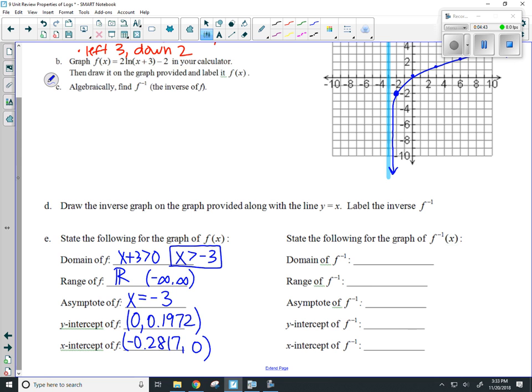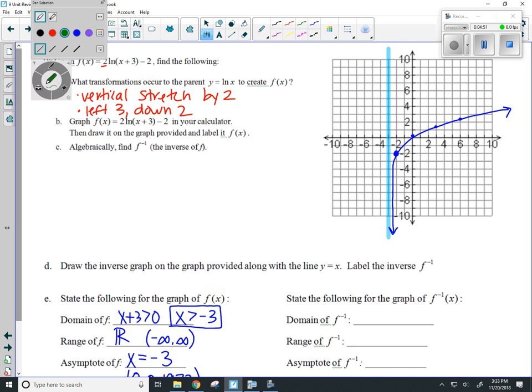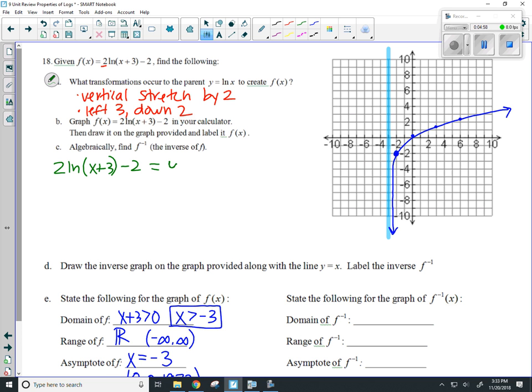Because now we're going to go ahead and find the inverse. So I'm going to do this one in green. Alright, so we want to find the inverse. So I'm going to start by rewriting 2 ln(x + 3) - 2 equal to y. And then your first step after that is going to be to switch the x and the y. And because I don't have a lot of space, I'm just going to write in purple over top of that, turn that x into a y, and now all of a sudden that y is an x.